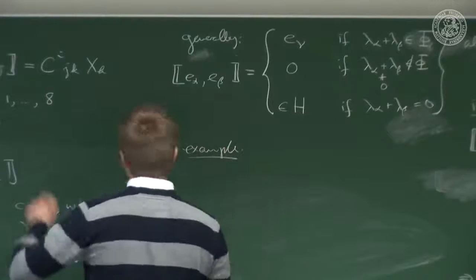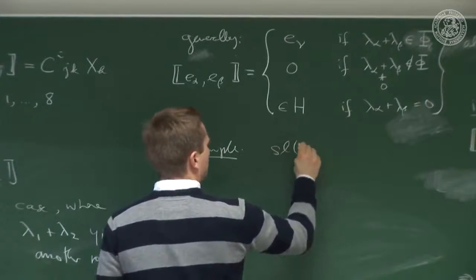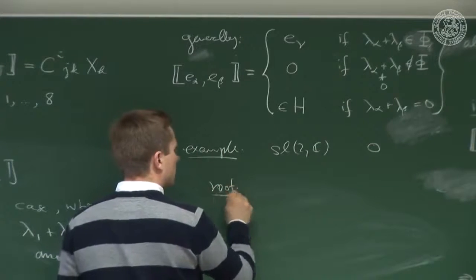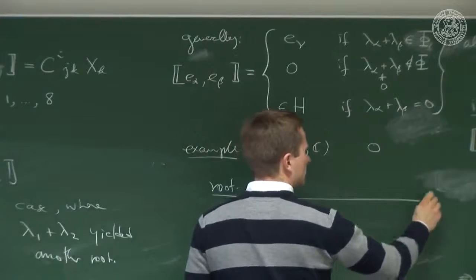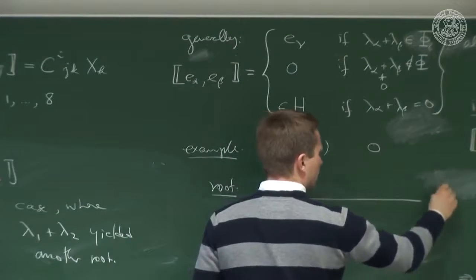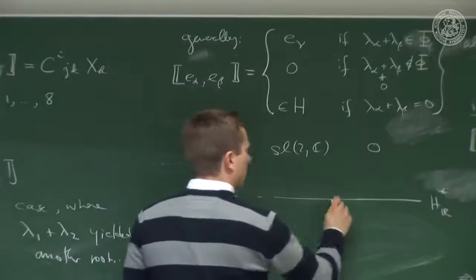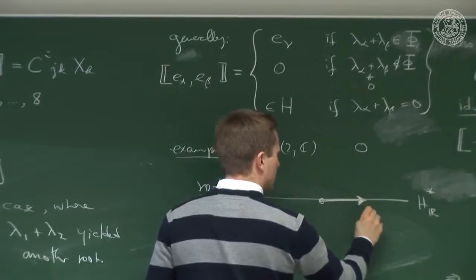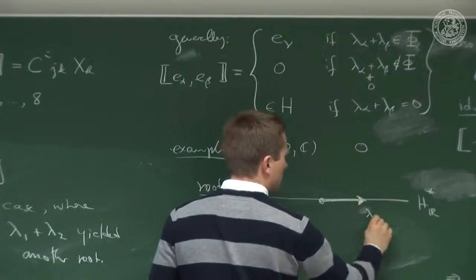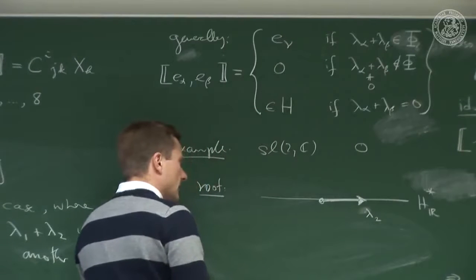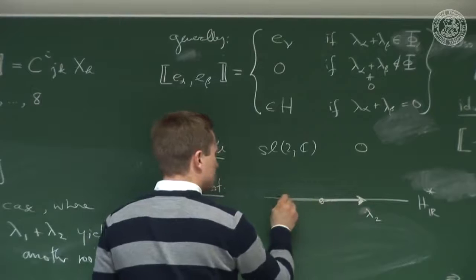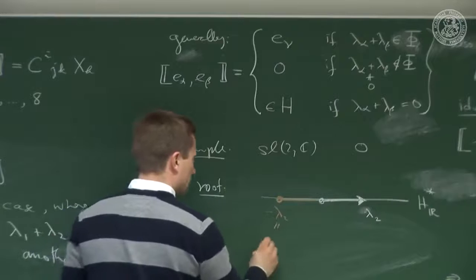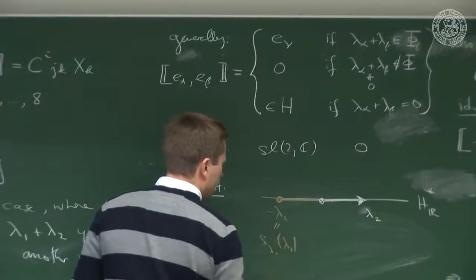And an example we had before that is again simpler was SL2C with this Dynkin diagram, and this root space. We didn't draw it at the time, but we know that the root space is one-dimensional, so that's H, well, the realification is real one-dimensional, and we had only one fundamental root, that was this one, okay? At the time it was called lambda 2. Of course, by action of the Weyl group, we get the opposite, minus lambda 2, which you could get by S lambda 1 acting on lambda 1.